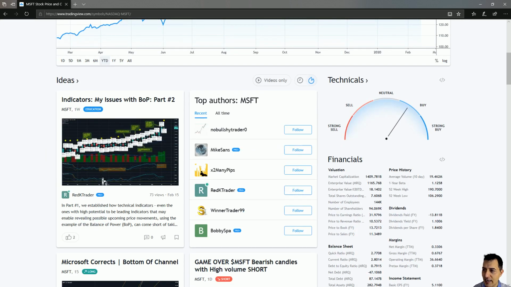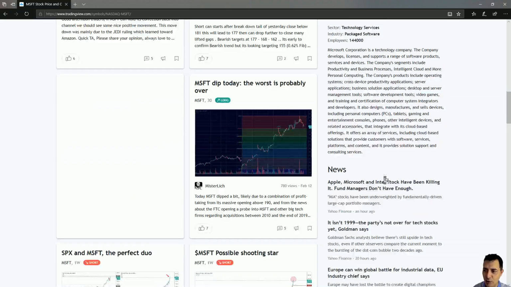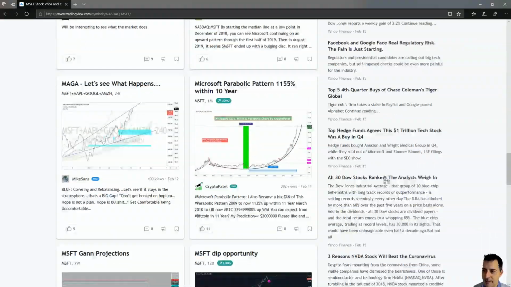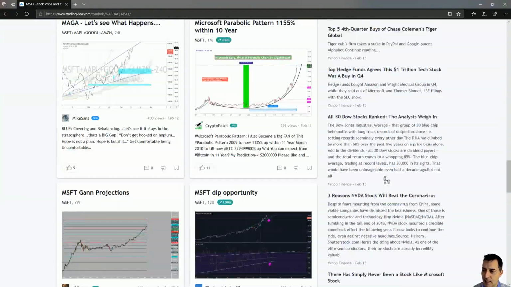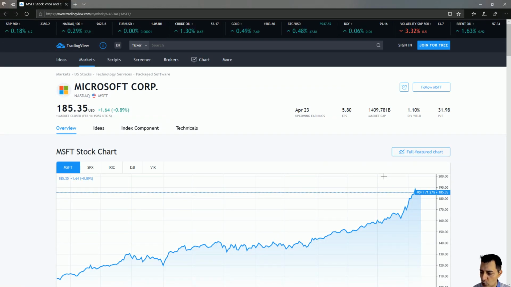But you also get all sort of information, such as financial information, profile of the company, and a lot more. This is kind of a more advanced version of Yahoo Finance that allows you some social capabilities, such as sharing information between the users.